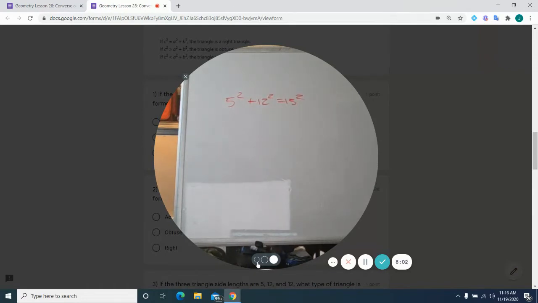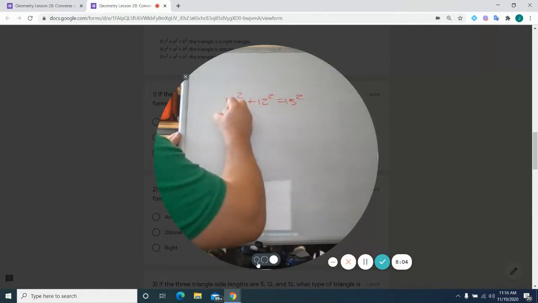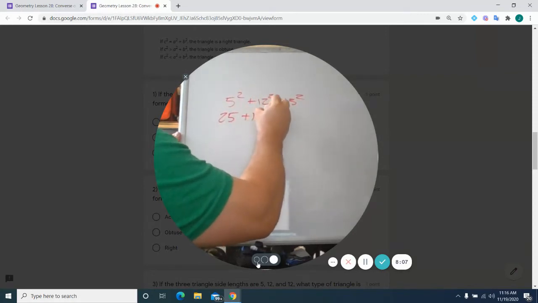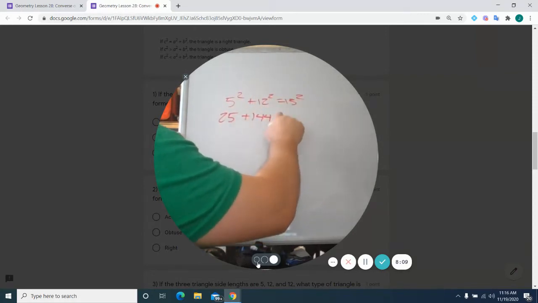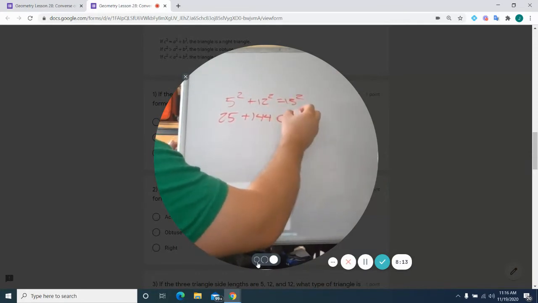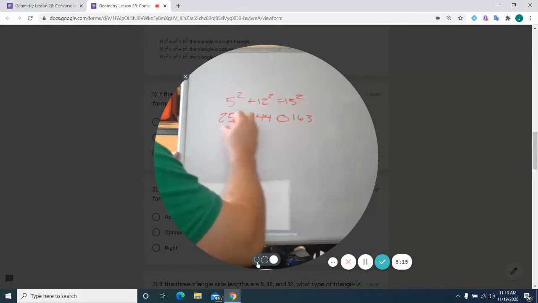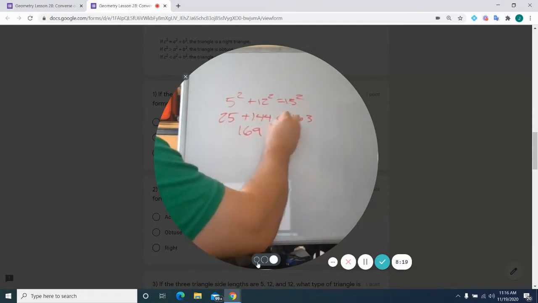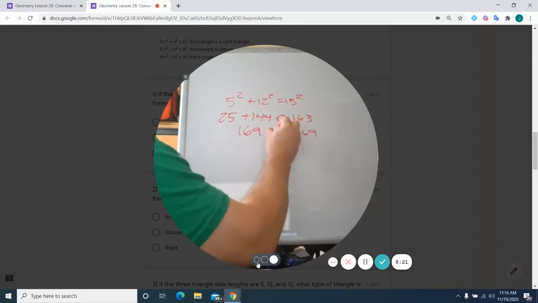And 13 squared is 169. So we have 25 plus 144. I'm just going to write a little circle so you know that I don't know if it equals or not. I'm trying to decide. Equals 169. 25 plus 144 is 169. And they equal each other.